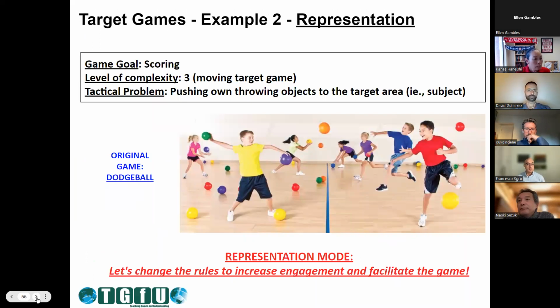Now, by moving forward with a much more complex scenario, we can move from a simple and opposite game, as shown in the previous slide, to a complex activity, moving target game.